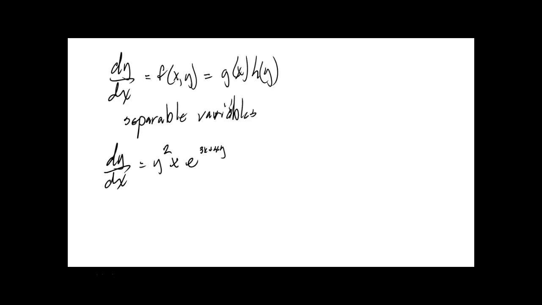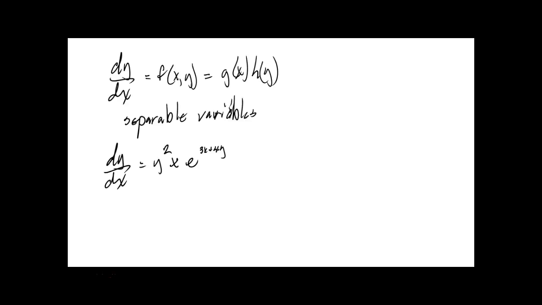Why not? What part doesn't look separable? Or is it separable? Okay, that doesn't look separable, does it? Because this part is y alone, that part is x alone, but this has x's and y's.